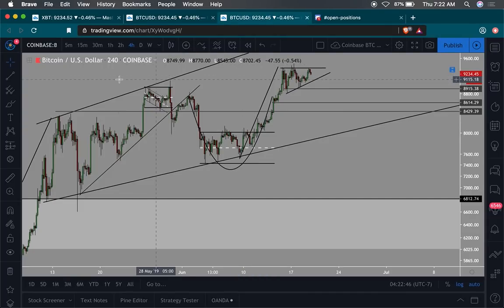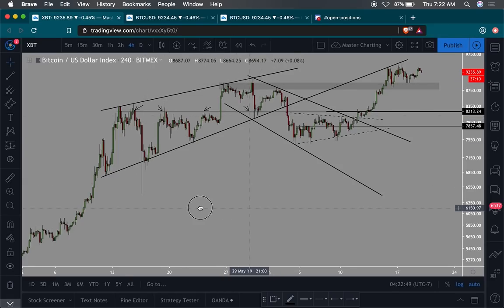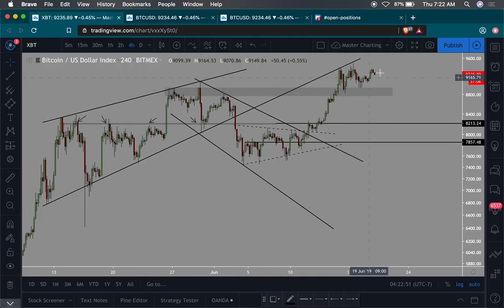With that being said, let me show you this chart as well. So here's the thing. With this ascending triangle being created that I showed you earlier, where the top is right here around 9,400 and the rising trend lines right here, you can see we bounced very successfully off this 8,900 resistance, this gray box.